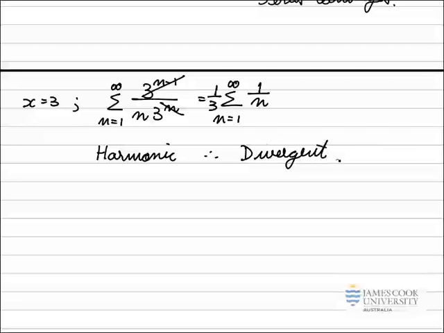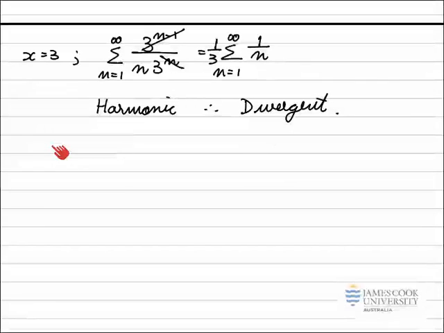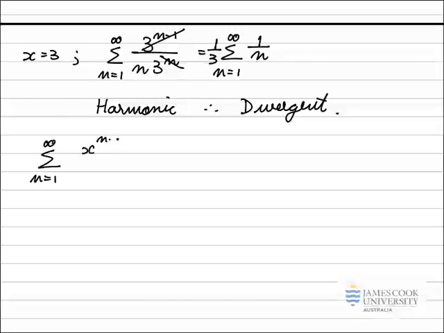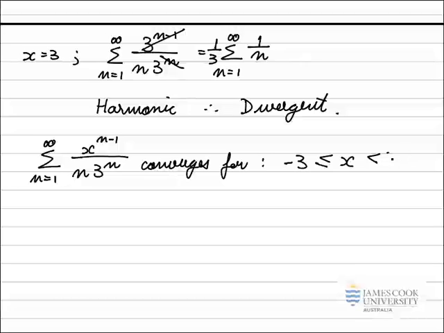And so we will recall that x equals 3 is not inside our interval of convergence. So at the end we summarise everything, write down the original series, the sum from n equals 1 to infinity of x to the power of n minus 1 divided by n times 3 to the n converges for the x values which are negative 3 less than or equal to x, which is less than 3.